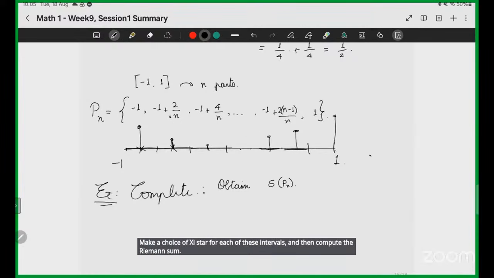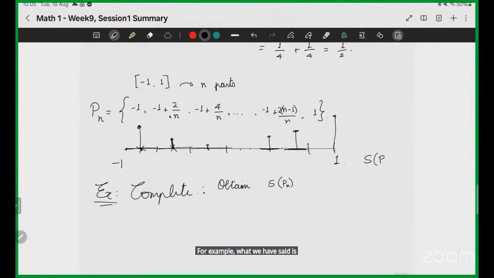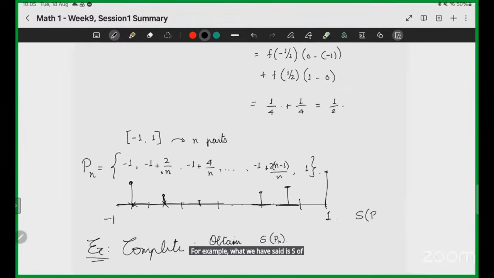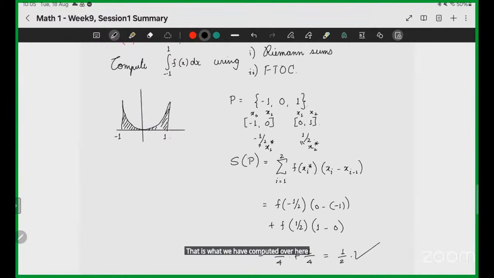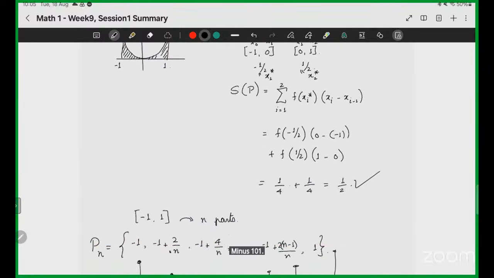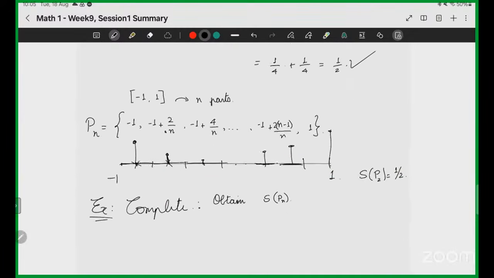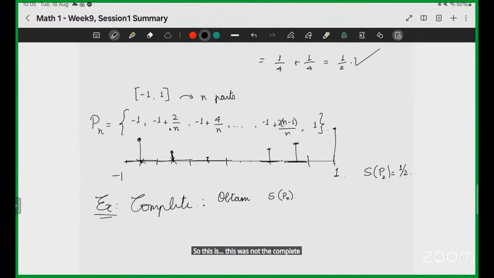For example, S of P2 is half. That is what we have computed over here. P2 is just -1, 0, 1. So this was not the complete answer, the half.